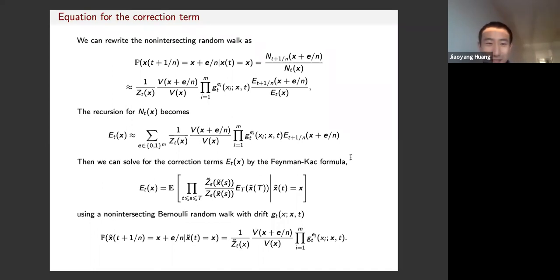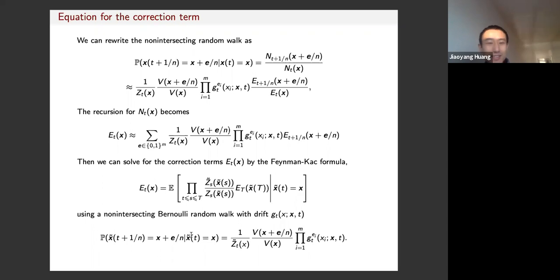For this recursion, we can solve it by introducing this new non-intersecting Bernoulli random walk, which is x tilde, from x at time t to x plus e over n at time t plus 1 over n. I just copy this part: the transition probability is given by the ratio of Vandermonde times the drift term.